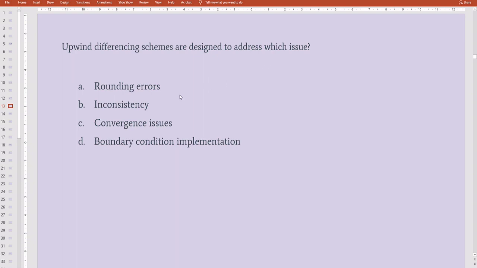The options are rounding errors, inconsistency, convergence issues, or boundary condition implementation. Which of the following issues is best addressed by upwind difference schemes? You can inbox your answers.